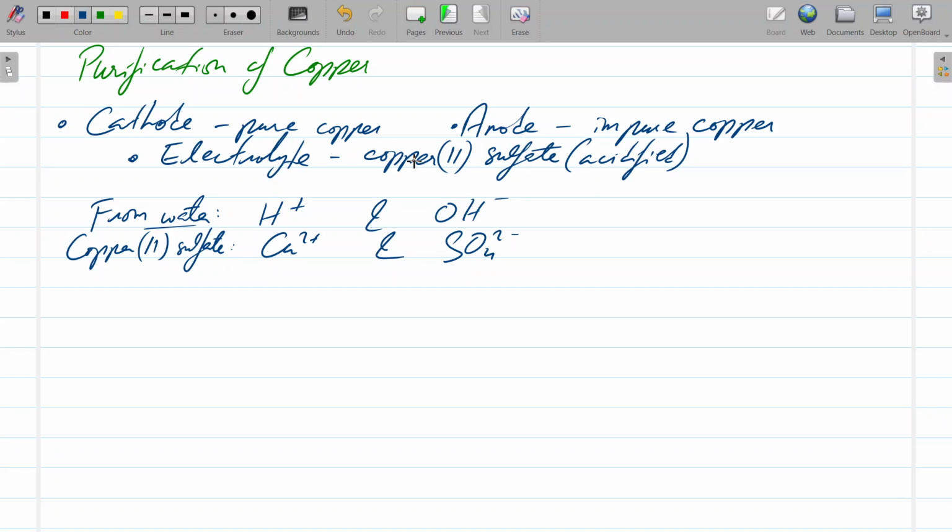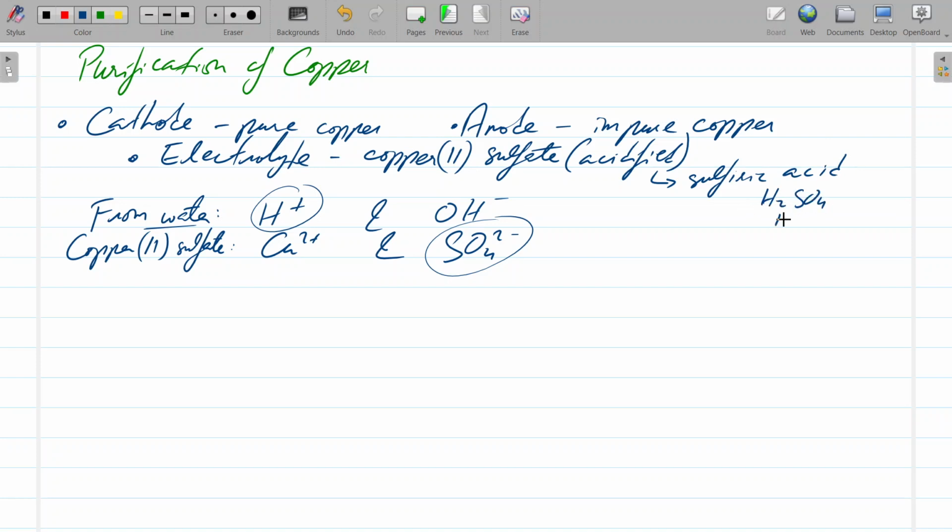Also, what they've done is added sulfuric acid. That's just to acidify and activate it, so to speak, so that the ions separate easily, and it's only going to add more of these ions. It's not adding some different ion. What's sulfuric acid? H2SO4.